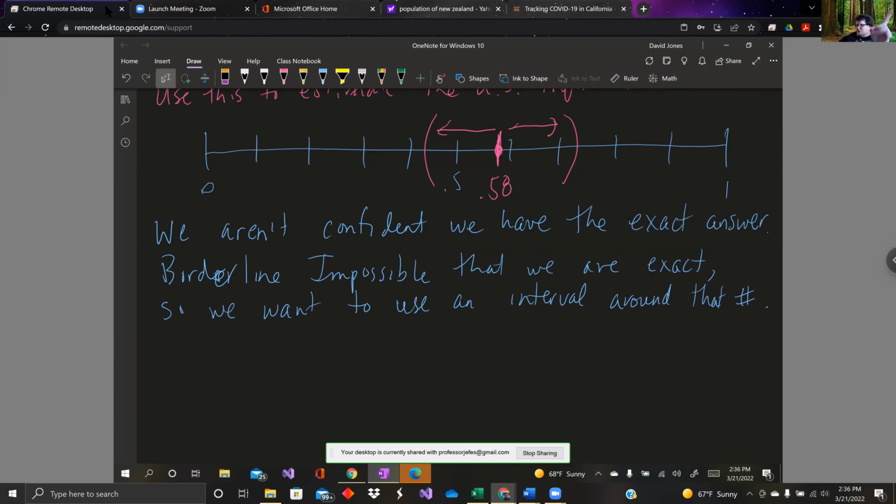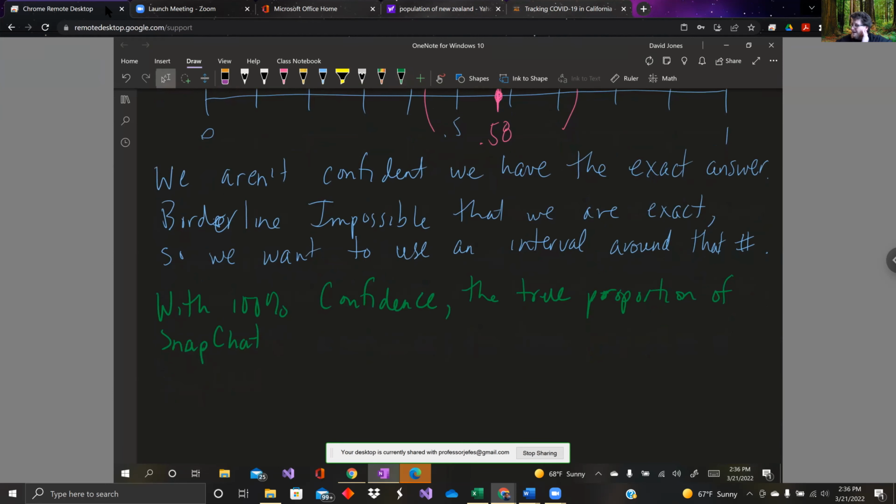And I can tell you right now, with 100% confidence, the true proportion of Snapchat users who are students is between 0 and 1.